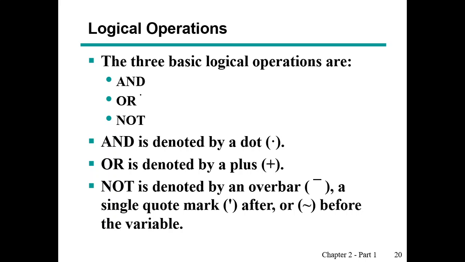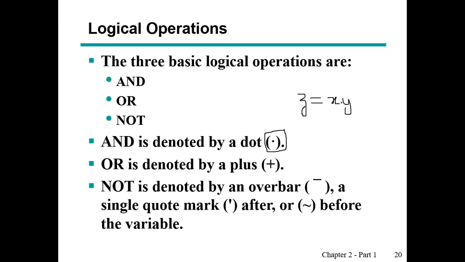Again, we have talked about these basic operations: AND, OR, NOT. We have also talked about how we denote AND. It is denoted by a dot or the absence of a dot. For example, if we have the variable z, which is equal to the AND of x and y, we can write it either as x y, or we can put a dot, x dot y.